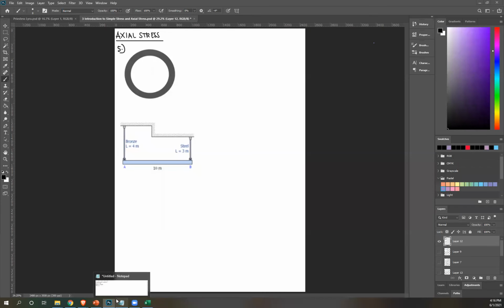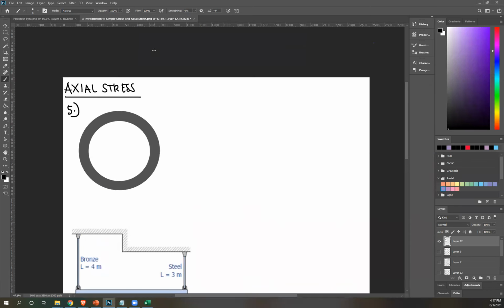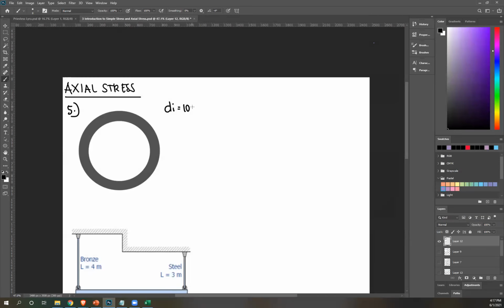All right, first step, write your given. First, we have an inside diameter. So let's call that DI. And that is, I believe, 100 millimeters. Another thing that we have is your tensile force. So you can call that T for tension or just P. It's the same thing. So 40 kilonewton.